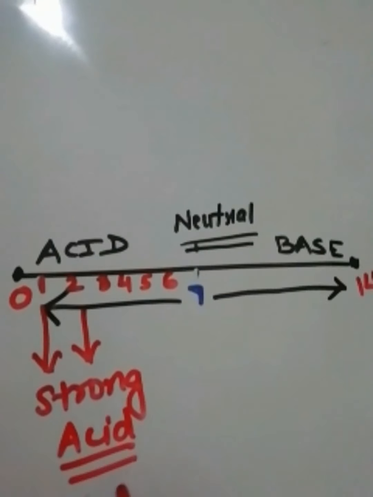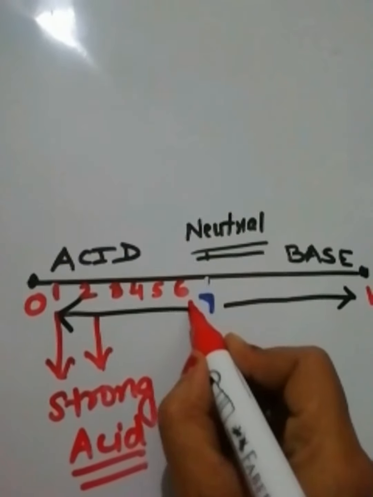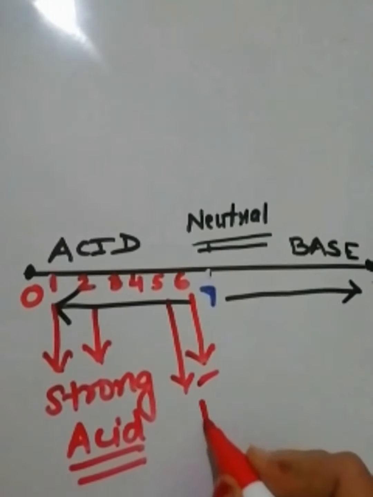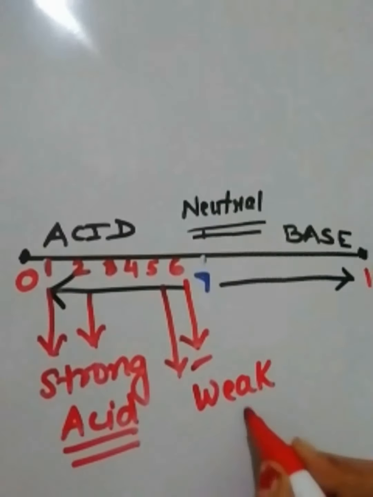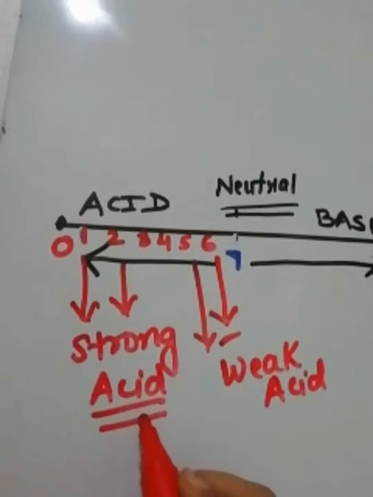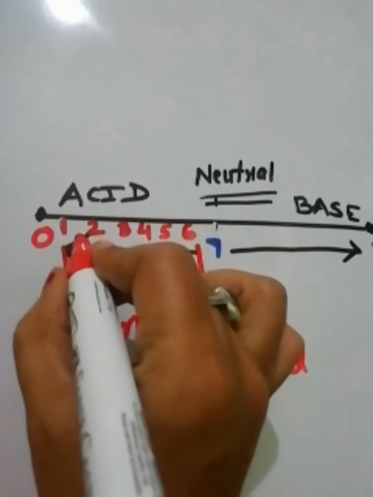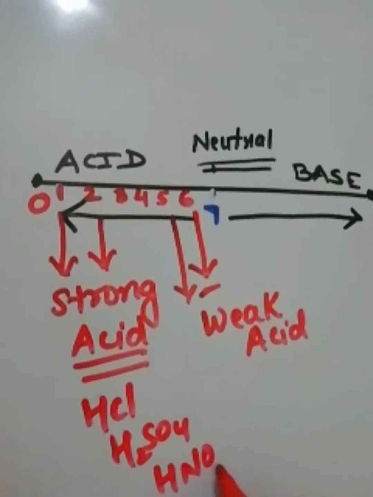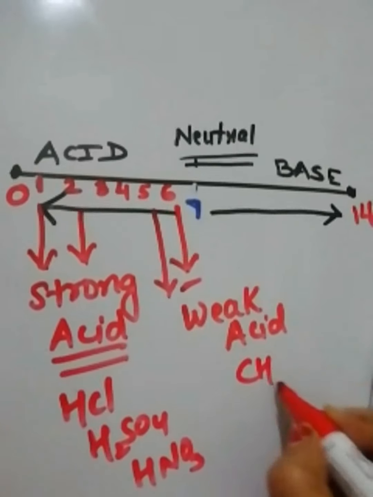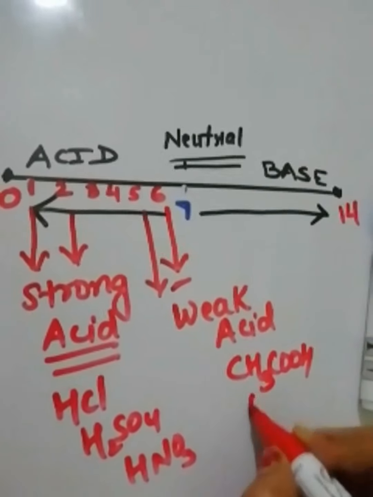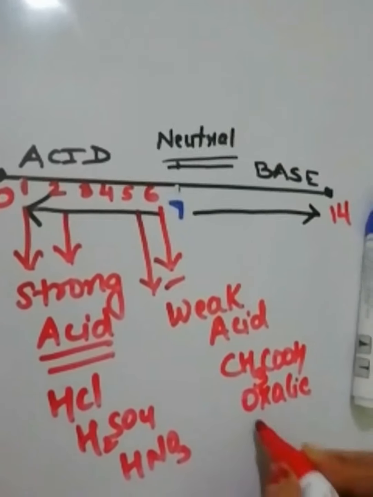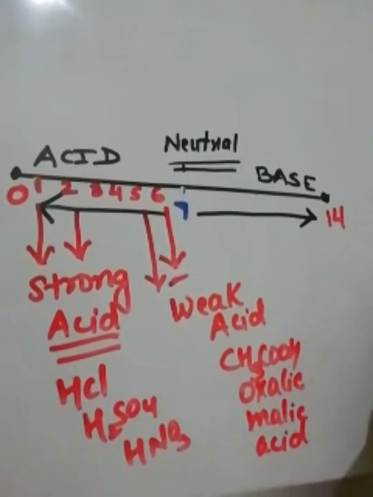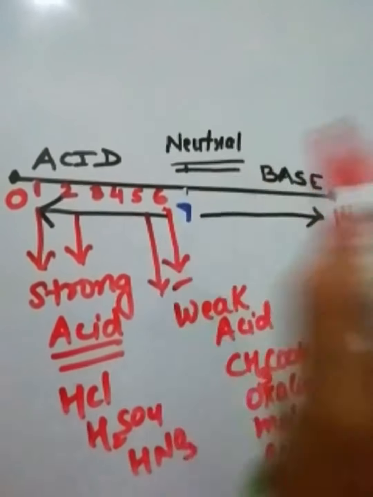And if any substance comes in the range of 5 and 6, that is a weak acid. Generally strong acids like HCl, H2SO4, HNO3, nitric acid will come here, and weak acids like acetic acid, CH3COOH, oxalic acid, malic acid will come under weak acid.